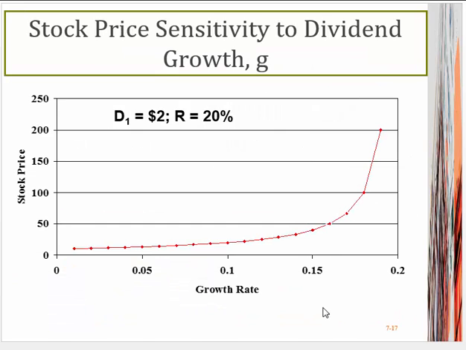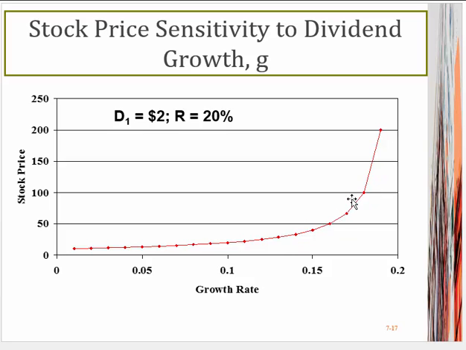So what happens as the variables change? Now we're looking at this last variable, the growth rate. What happens to the value of the stock as the dividend growth rate increases? You can see as dividend growth rate goes up, we have increasing stock prices, and then there becomes a point where this becomes a very steep curve.